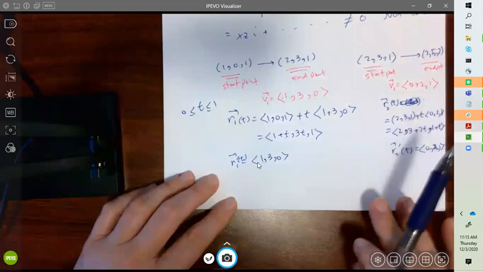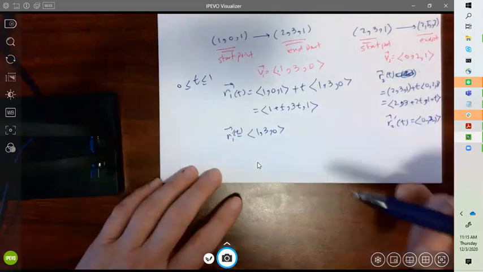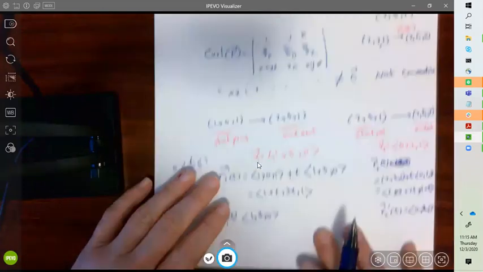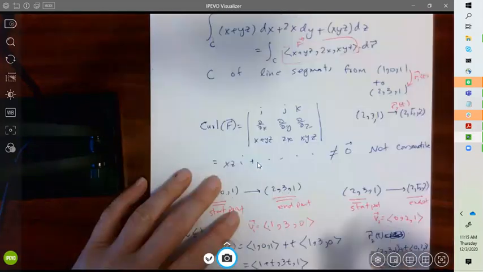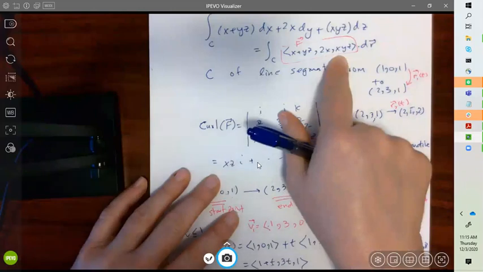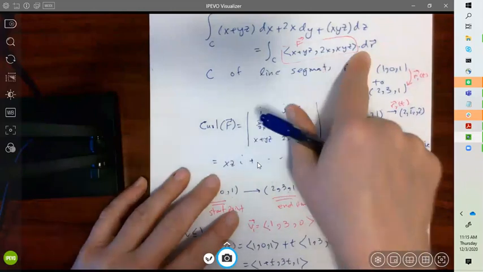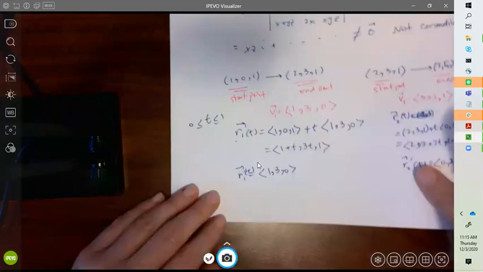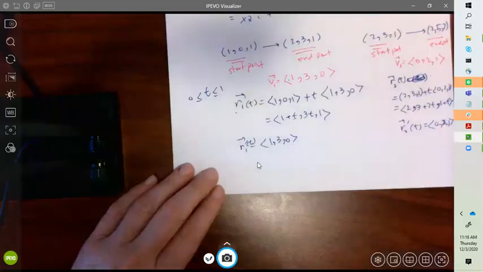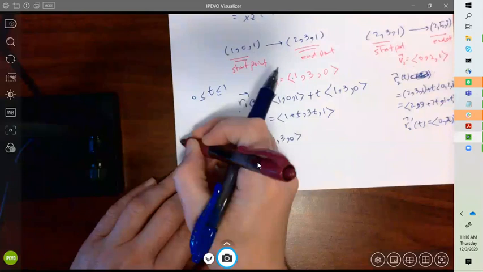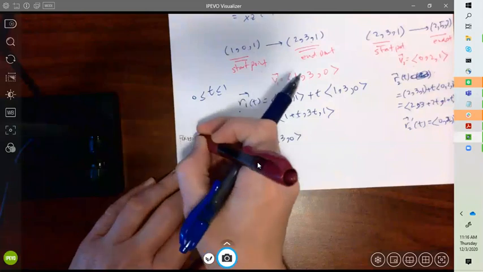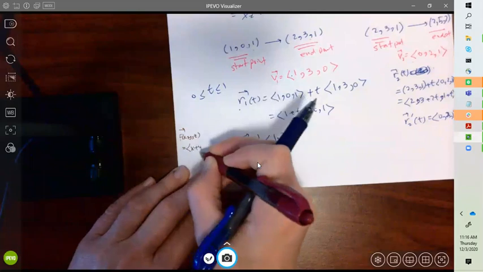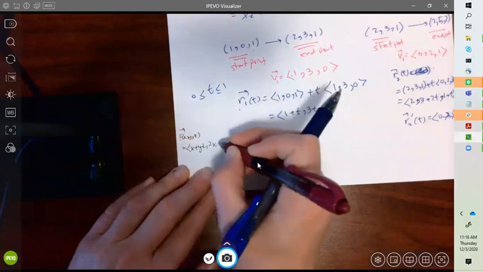Now what I need to do is basically plug in R1 into my vector field, and then dot it with R prime, and then integrate from 0 to 1. So let me write down the vector field right here. F of x, y, z is x plus yz, 2x, and xyz.